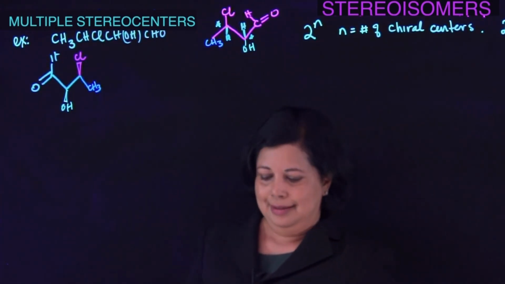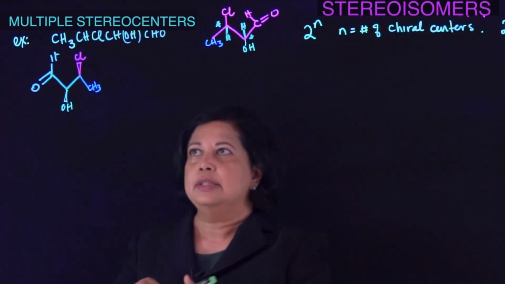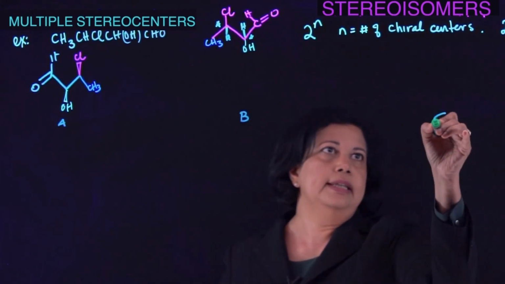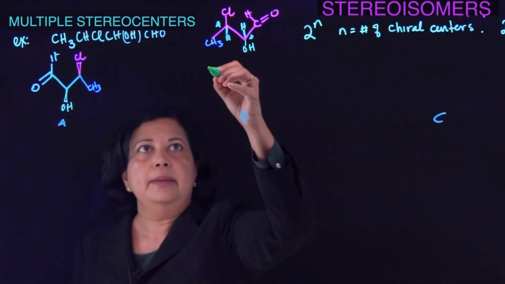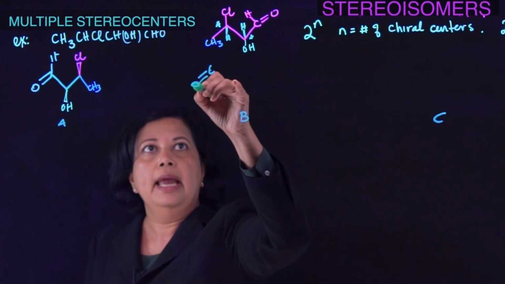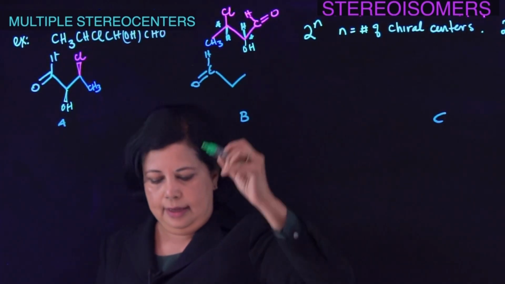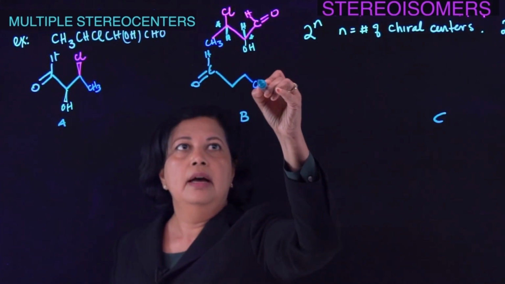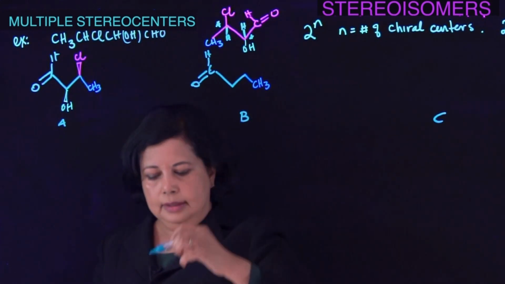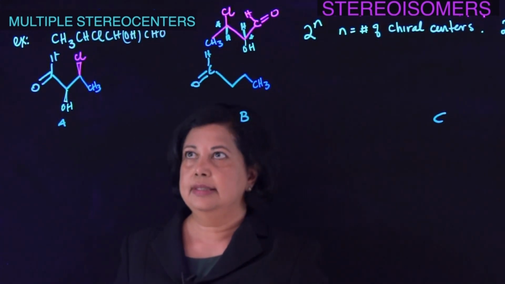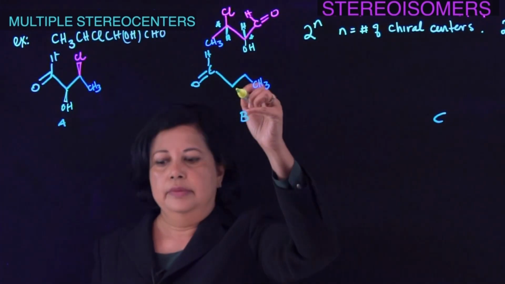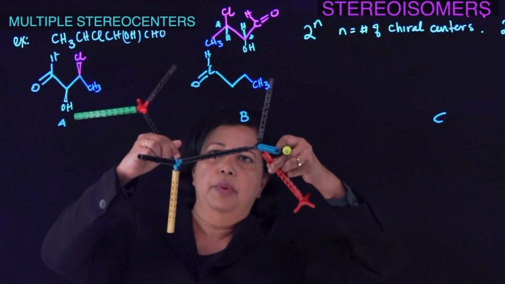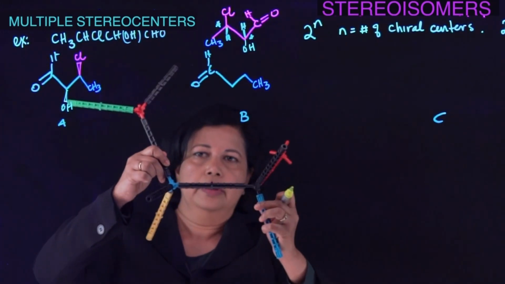So that's one. So that's A, let's say B, C, and D. Same thing, the CHO, and you have a methyl, and second and third carbon have chiral centers, and over here we're going to draw the other one where you have both of them going away from you, right?